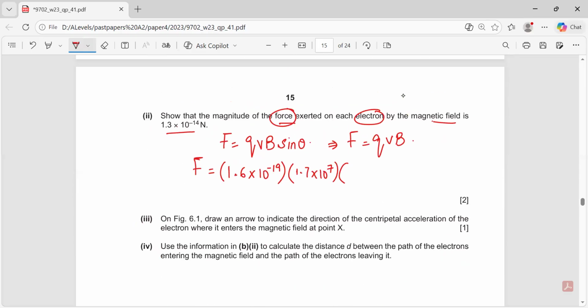So this will become 4.8 into 10 power minus 3. So you are going to multiply all of them. So your final answer will be appearing as 1.3 into 10 power minus 14 newtons. This is how you are going to find out the value of a force on an electron in the magnetic field.